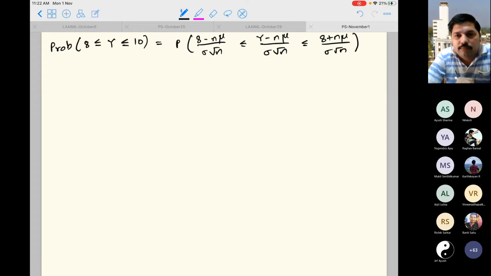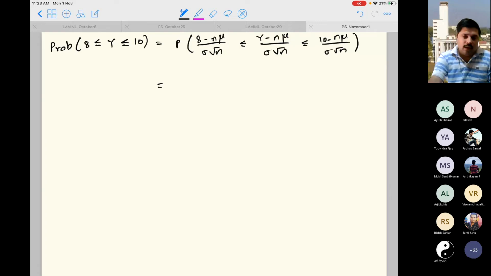Sorry, I made a mistake: on the right side it will be 10 minus n mu, not 8 plus n mu. Is that okay?